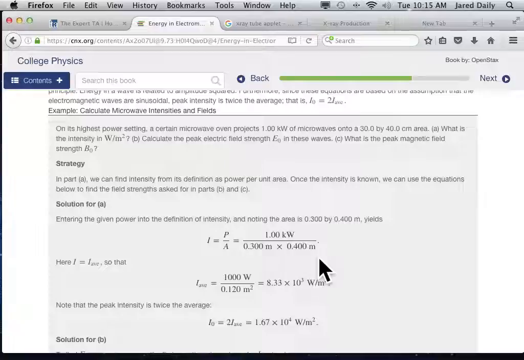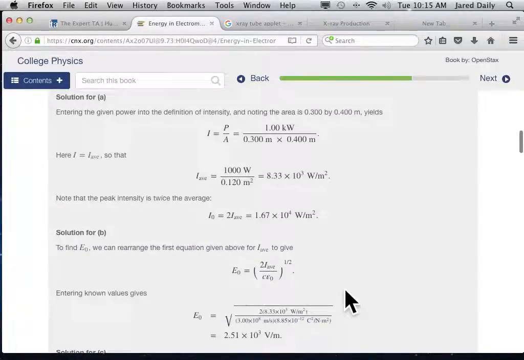Well, the intensity can also be calculated from the power. It's just power divided by area. That's the definition of intensity. So we go ahead and calculate the intensity first. The peak intensity is going to be twice the average intensity. That's something we learned when we first talked about waves. So our peak intensity, I0, is 1.67 times 10 to the 4.